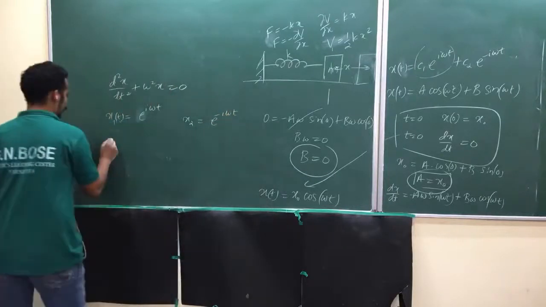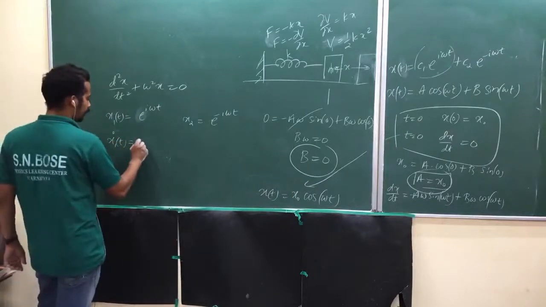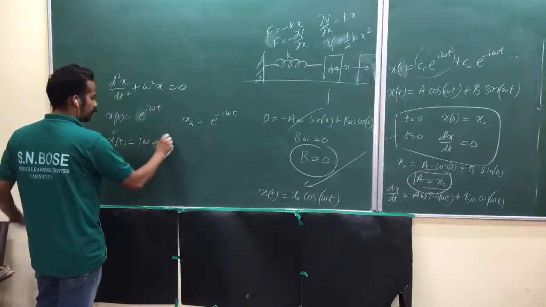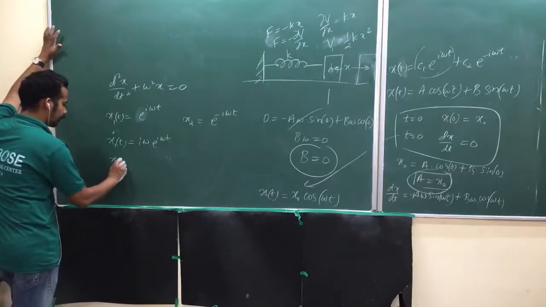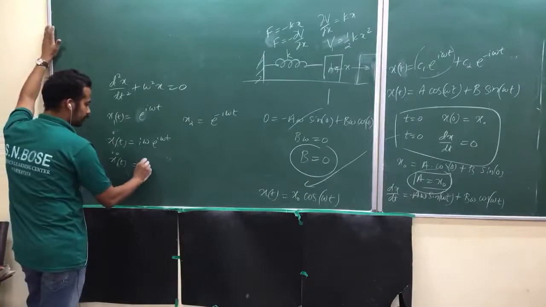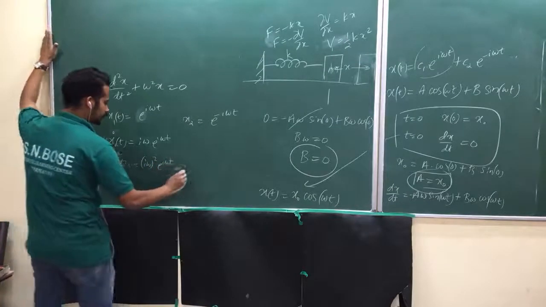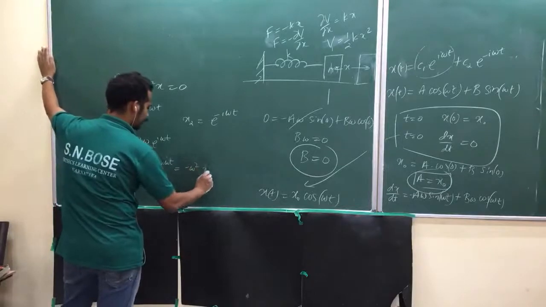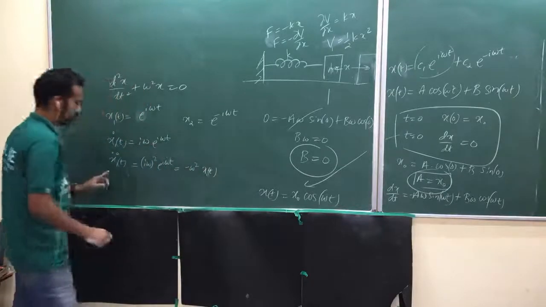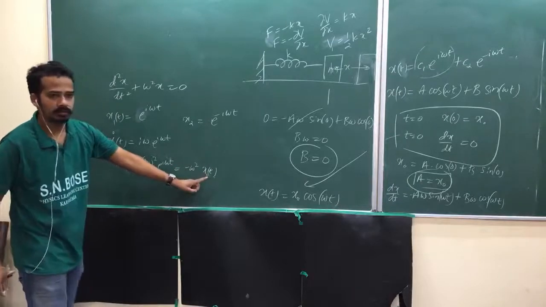The first derivative of x1 of t is i omega e power i omega t. The second derivative is i omega the whole square e power i omega t, which is equal to minus omega square into x1 of t itself. Look at here, the second derivative is equal to minus omega square into the function itself.